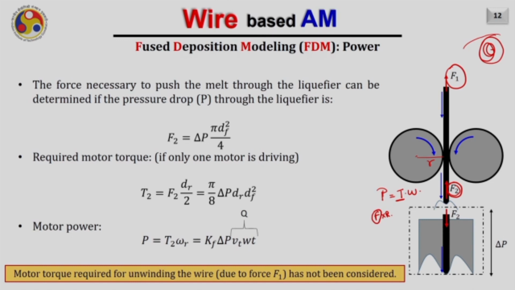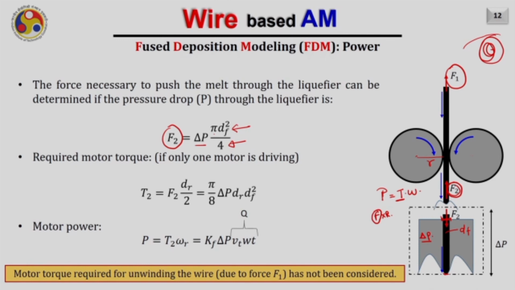So how can we calculate this force? Assume that to push the wire from this end to this end, the pressure drop in the liquefier is represented by delta P, and hence the force F2 will be equal to delta P into pi df square by 4, where df is the diameter of the filament, and we are assuming that the opening of the nozzle is also almost equal to the diameter of the filament.